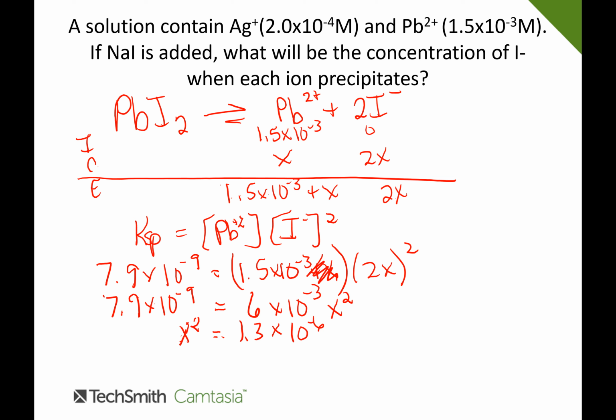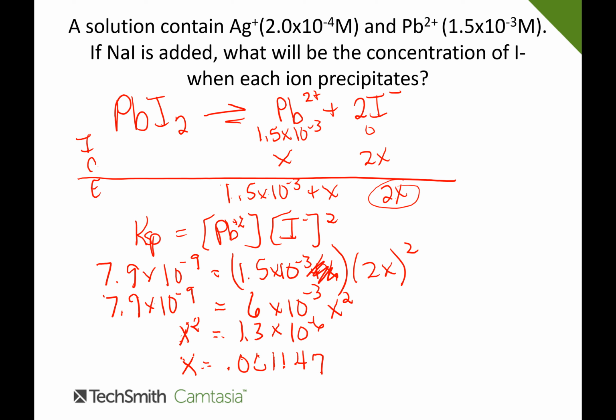And then I'm going to need to square root that. All right, and I got that number. Now, I'm supposed to find the I minus, and according to my chart, I minus is 2x.